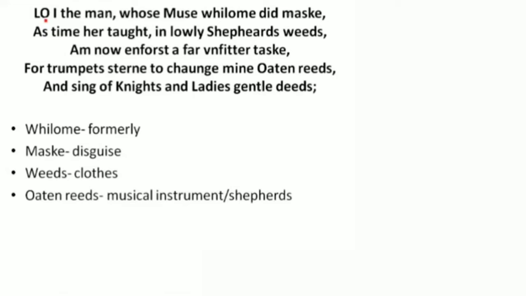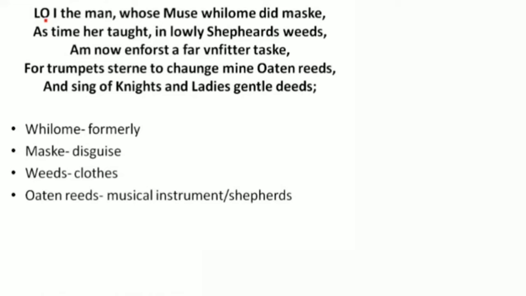Lo, it says, look, the poet addresses his readers. He says that I, the man whose muse is the goddess, whose goddess had disguised herself as time had taught, is lowly shepherd's weeds.